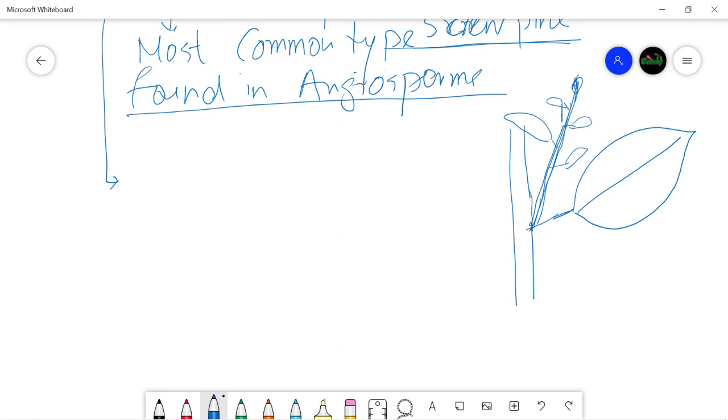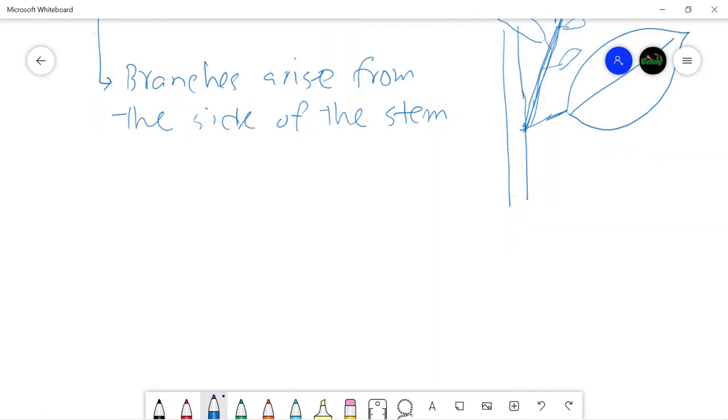So lateral branching, when branches arise from the side of the stem. So what do we mean by side? That is in the axils, in the axil of a leaf.